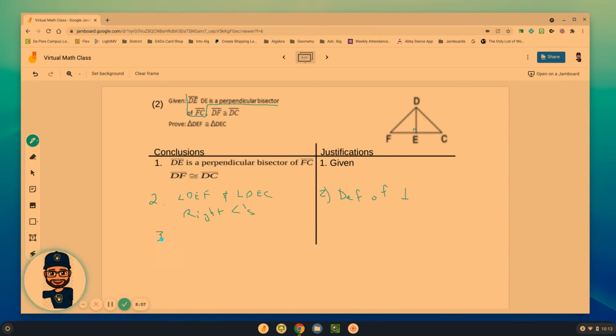We also know then, because it's a perpendicular bisector, the bisector part tells me that this is congruent to this. So that segment FE is congruent to segment EC, which means number 3 is the definition of perpendicular bisector.